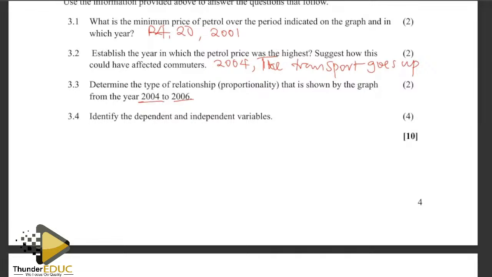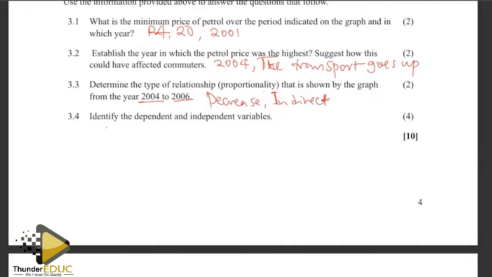All right. There's a decrease as the years go on, and this means it's an indirect proportion, because as the years are increasing, the value is getting down.